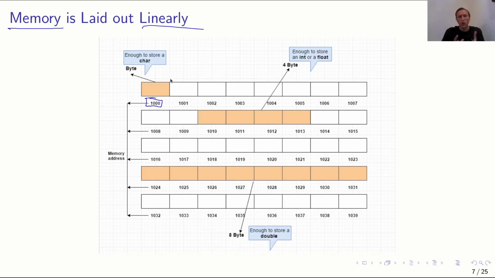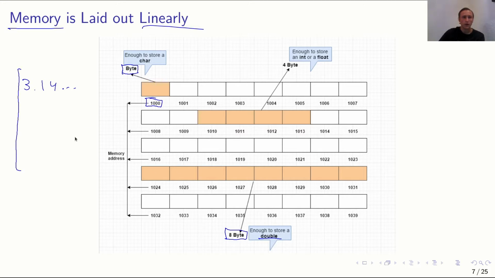So really, memory is just a long string of bits, where each set of 8 bits forms a byte, and then a certain set of bytes can be used to store a value. So say, for example, we want to store the value of pi, then we can store this as a double precision floating point number, requiring 8 bytes of data. So for example, we can store it within this block over here.